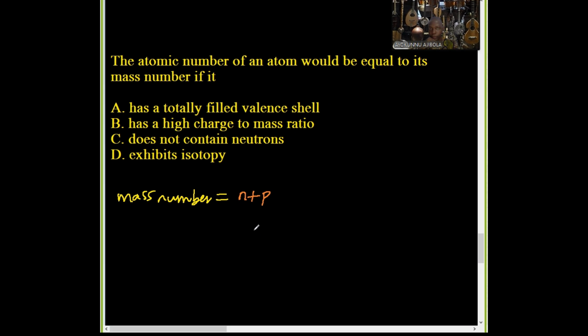You can't hear me, but you can see what I have written, right? Neutron plus proton is equal to atomic mass or mass number.